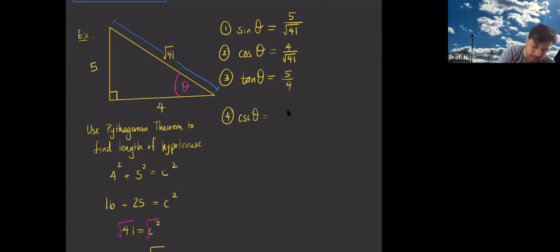Cosecant theta is the reciprocal of sine. So it's square root of 41 over 5. Then you got secant theta is square root of 41 over 4. And then lastly, cotangent theta is 4/5.